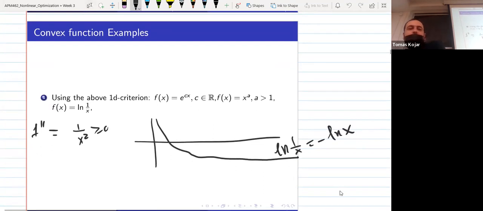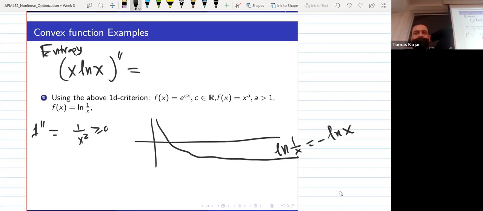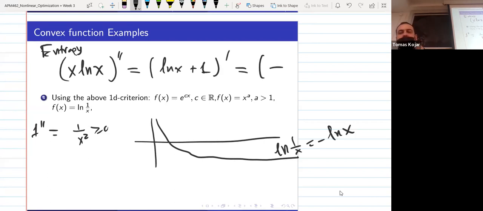Another one I have to talk about is called entropy. If you're in probability, this shows up a lot. I don't know how far you're going to go into statistics. So take one derivative: I have log of x plus 1. And then 1 over x, like this.